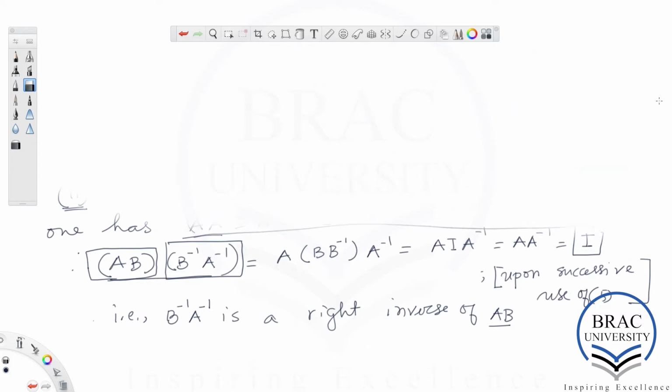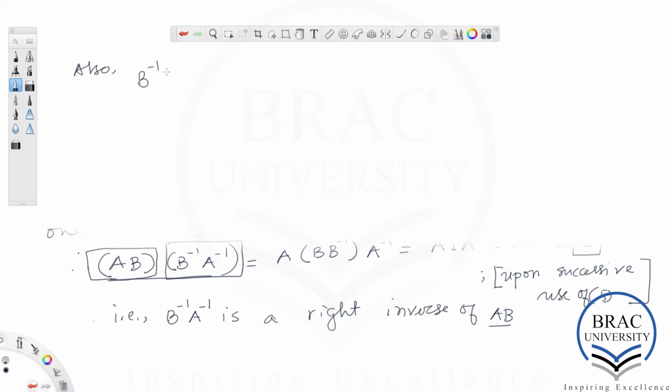Okay. Now also observe that B inverse A inverse times AB. Now we group A inverse and A together.